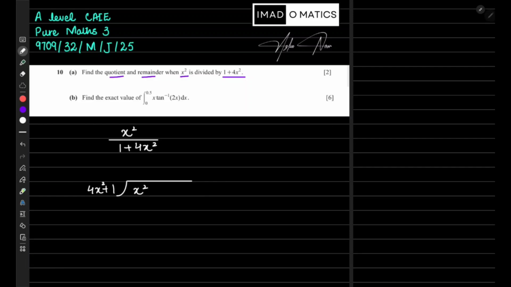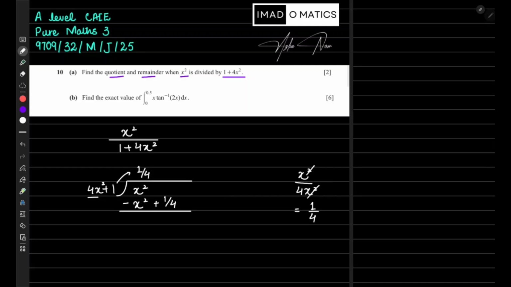You take the inner first term, that is x square, and the outer first term, that is 4x square, and we see by dividing what you get as your quotient. So we get 1 over 4. So we will be multiplying it with 1 over 4. 4x square multiplied by 1 over 4 will give you x square. Then multiply 1 with 1 over 4, it will give you plus 1 over 4.